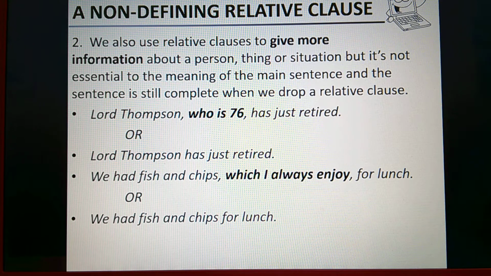Lord Thompson, who is 76, has just retired. Or we can say, Lord Thompson has just retired. We had fish and chips, which I always enjoy for lunch. Or we can say, we had fish and chips for lunch.